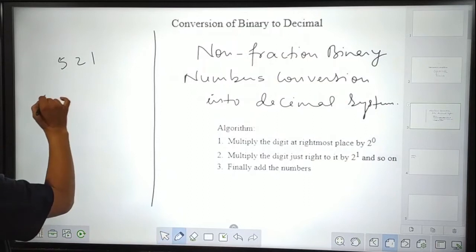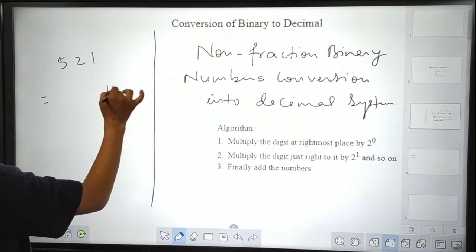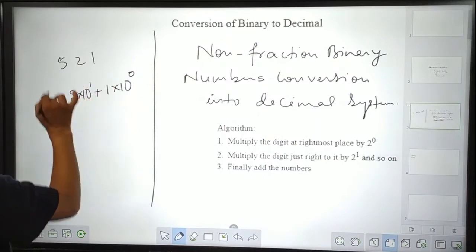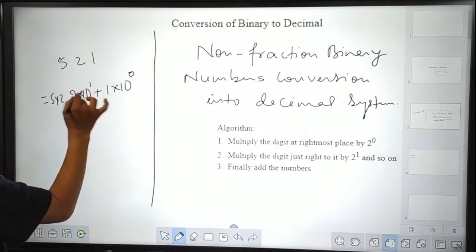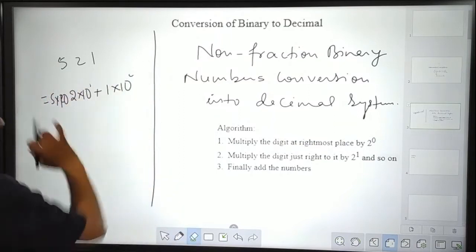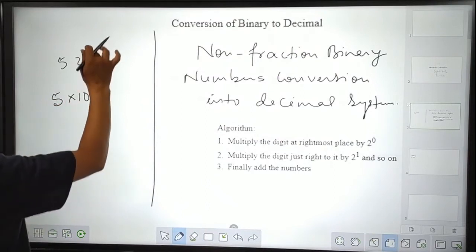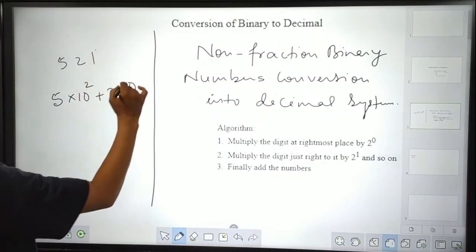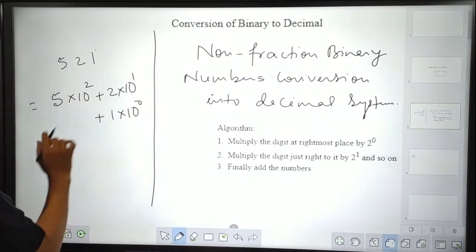It is written as 5 into 10 to the power 2, plus 2 into 10 to the power 1, plus 1 into 10 to the power 0, and later we add them to get the number.